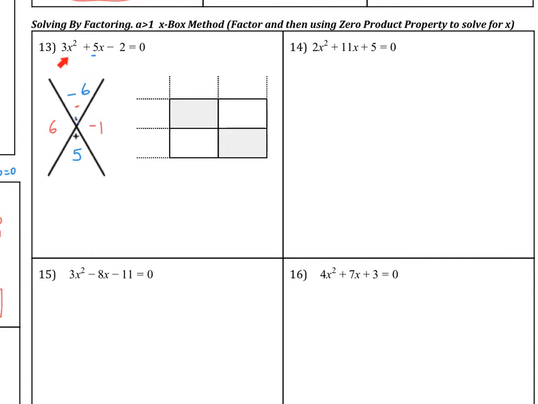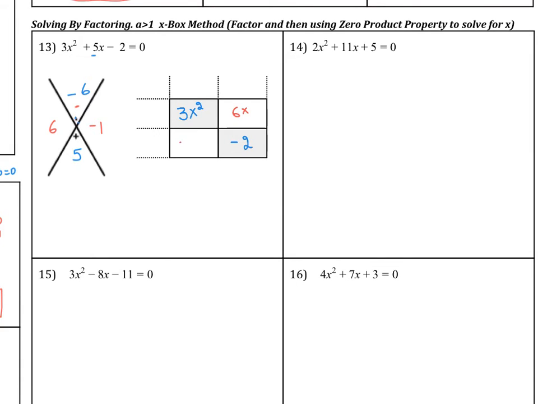So the first number goes in the first place here, and then the last number goes here. And these two boxes are going to be filled with the numbers that you just found. So let's do that. From the equation, the first term is 3x squared, and then the last number is negative 2.